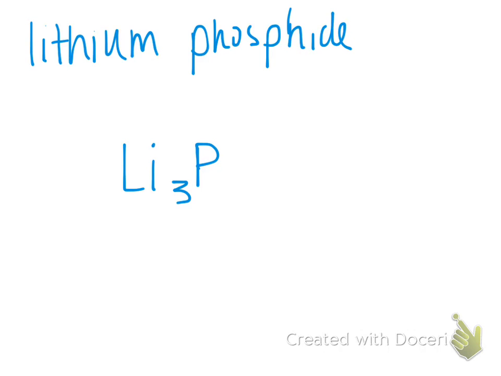Li3P. We agree? Yeah, perfect. Okay, that's exactly it. So we would have started with lithium +1. And phosphide was P -3. Okay, cross that charge down, or you see you need 3 lithiums to cancel my -3 in phosphide. Li3P.